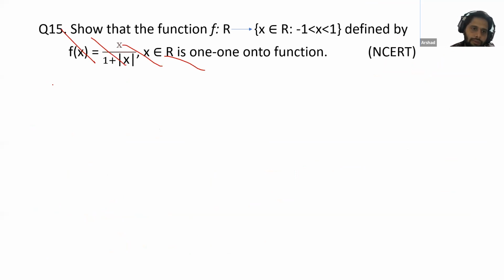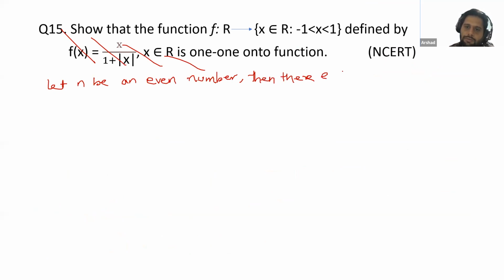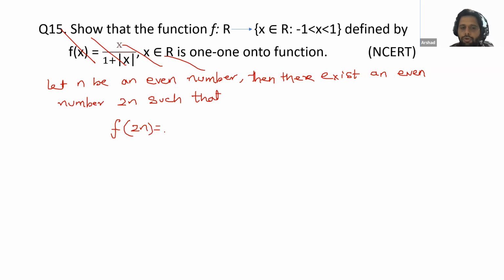Let n be an even number, then there exists an even number 2n such that f(2n) is equal to, now we are putting this even number.